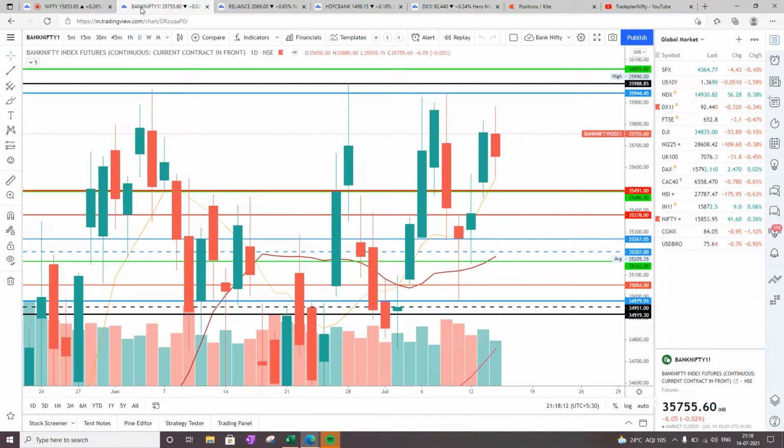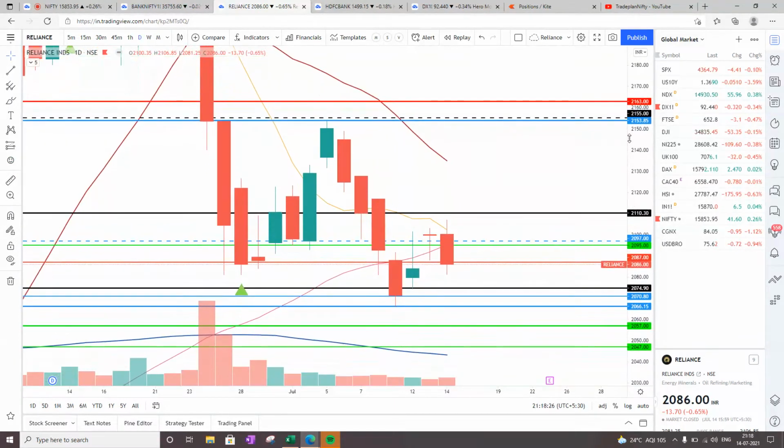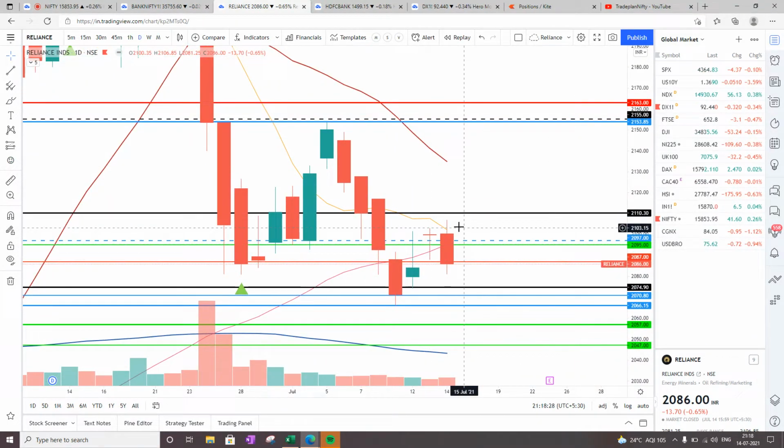Now let's have a look into Bank Nifty. Bank Nifty today had a slightly red bar, almost like a consolidated move, but still in uptrend above the 8 and above the 20. Reliance is showing a sign of reversal. We see one big red bar, and today it has closed below the weekly L3.